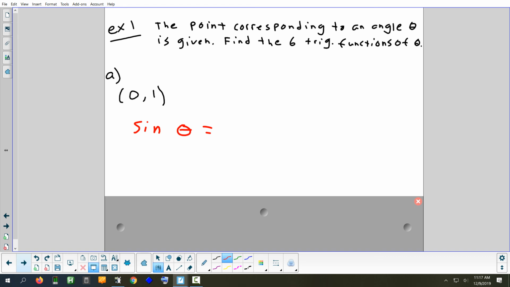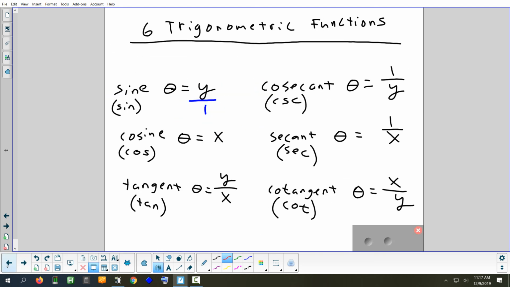So, you're finding the sine of that angle. Elias, which letter is sine? Yeah, in our formula. So out of those 6 formulas, I need the one for sine. Sine is the y. Sine equals y.